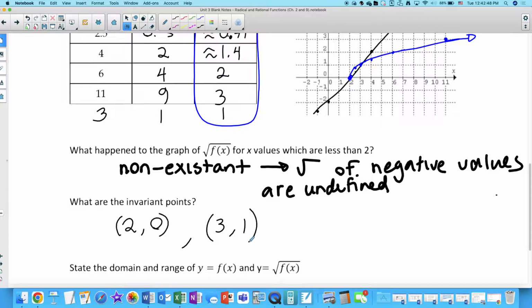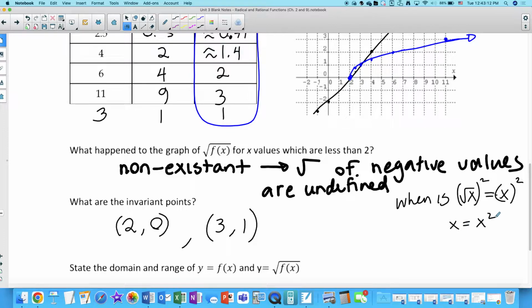Essentially what we're trying to answer there is when is square root of x equal to x? When does taking the square root of it equal the same thing? Now you can actually see this algebraically as well if you square both sides. And what you're going to get is x equals x squared.